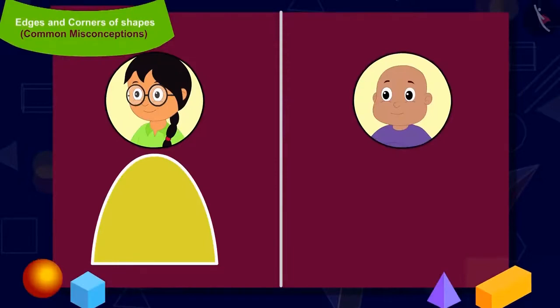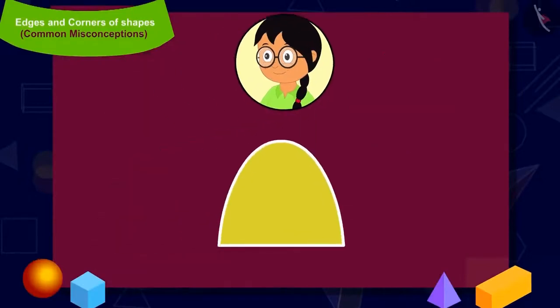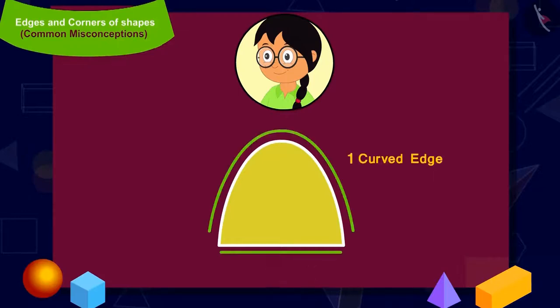This is Minu's shape. Children, can you say how many edges are there in Minu's shape? 2 edges. Perfect answer. Minu's shape has 1 curved edge and 1 straight edge. Can you look for corners in Minu's shape?